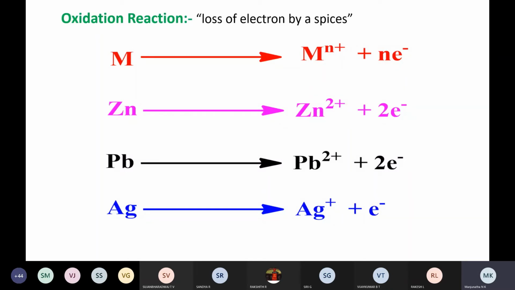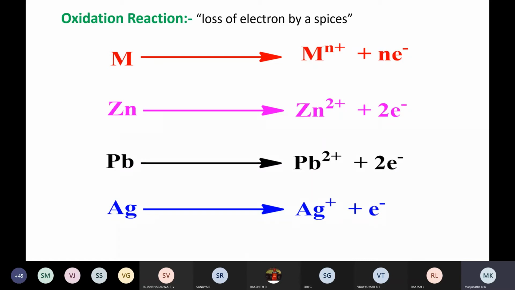So this type of loss of electrons by a species during a reaction is called an oxidation reaction. This is the first reaction observed during a redox reaction while converting either chemical energy into electrical energy or electrical energy into chemical energy.